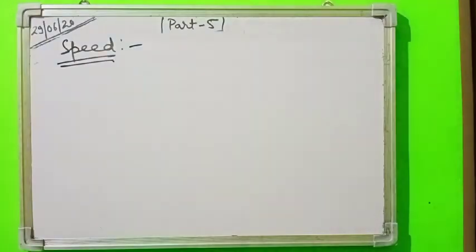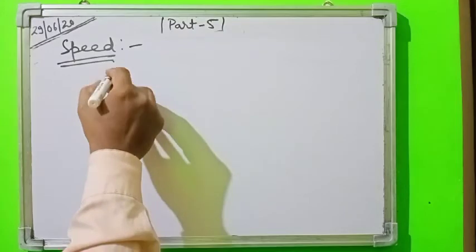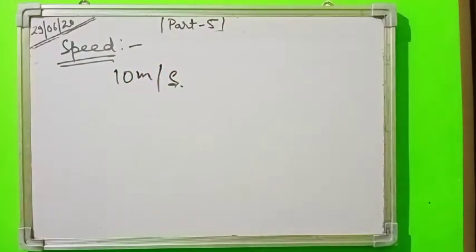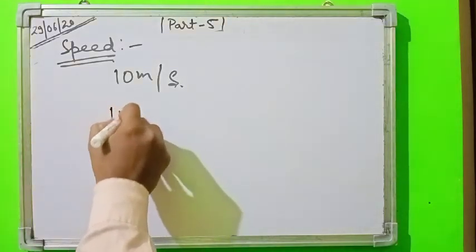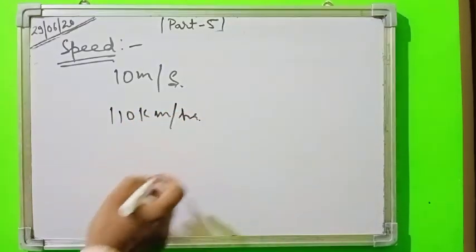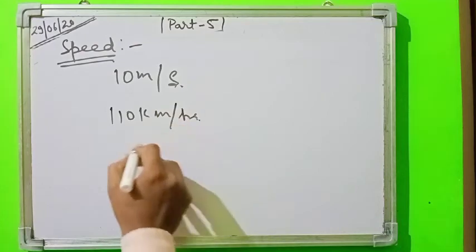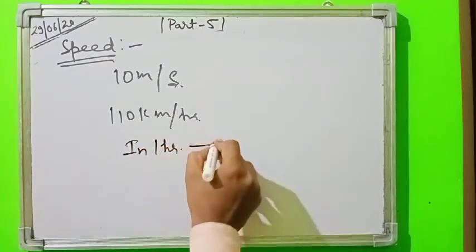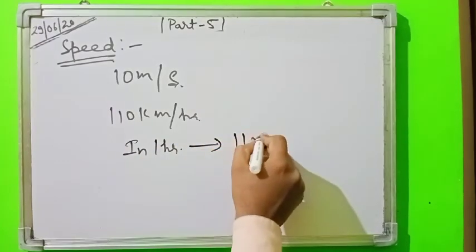Speed, as you know, is distance covered per second. We generally say 10 meter per second is the speed. You have generally observed the saying that a bowler is throwing the ball at 110 kilometer per hour. 110 kilometer per hour means, in 1 hour the distance covered is 110 kilometer.